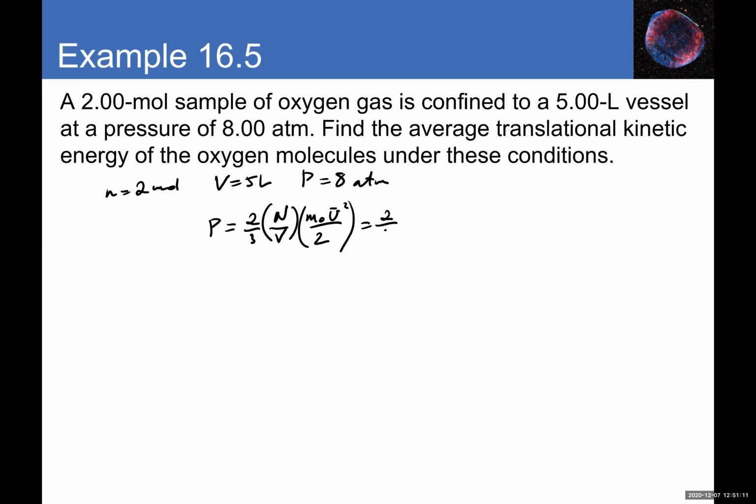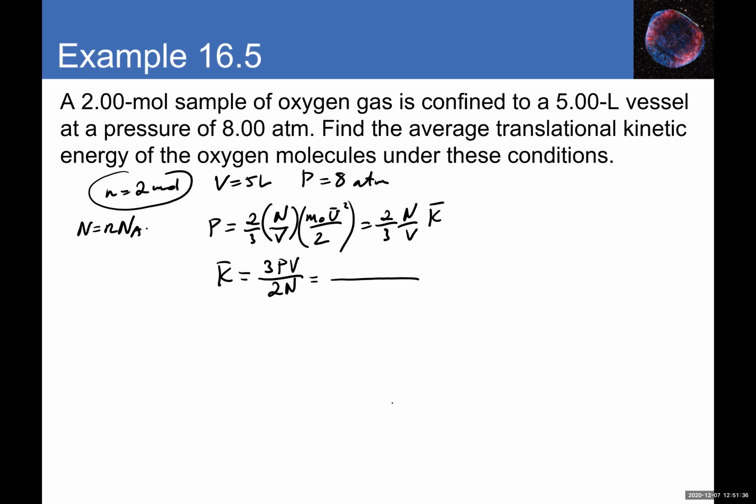I can write 2/3 N over V times the average kinetic energy, so the average kinetic energy equals 3PV divided by 2N. Then just calculate this from here. Since we're given the number of moles, I can say N equals the number of moles times the Avogadro number, and replace it there. So it's 3PV over 2 times N times Avogadro number.